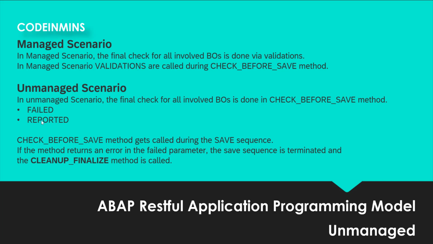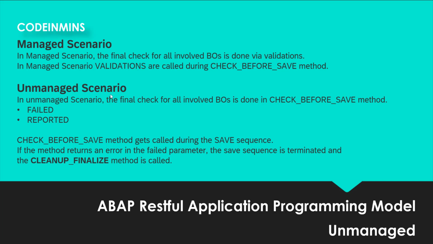The second parameter is reported. For example, if your validation fails, you have updated the failed parameter, and now you want to return an error message onto the front end. Then you need to update the reported parameter as well. This parameter is used to send the error messages to the front end. You can add an error message and that will be displayed onto the front end.